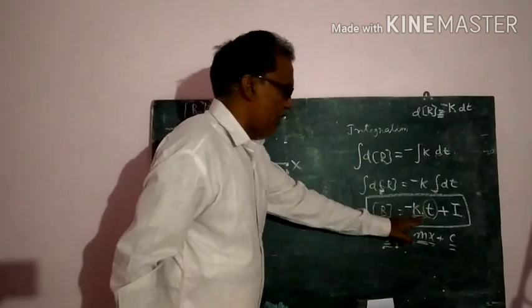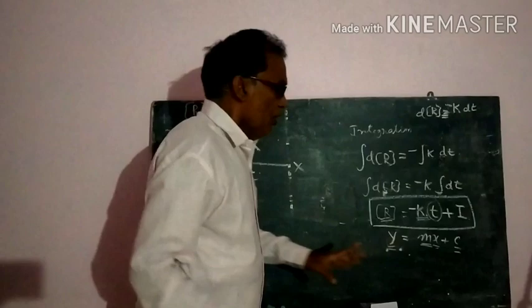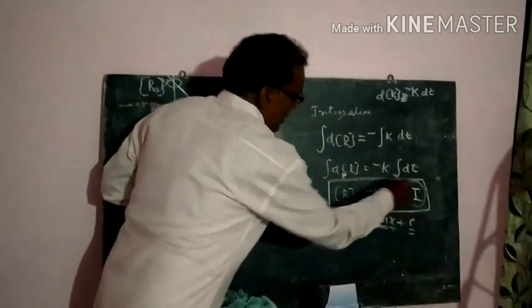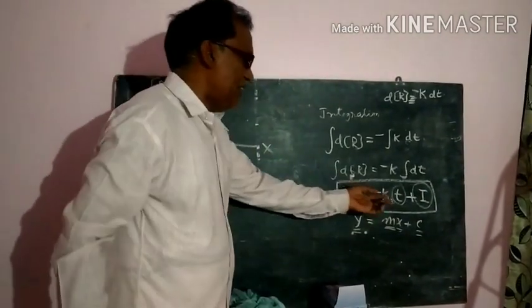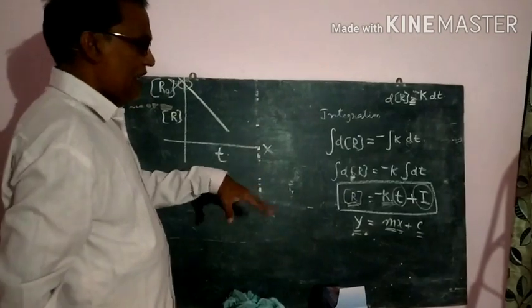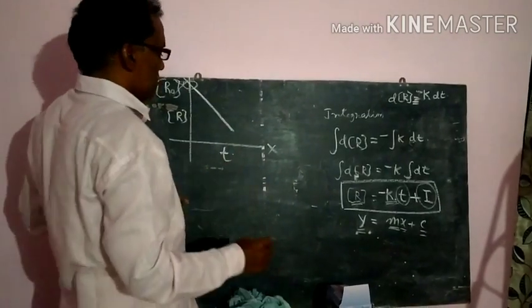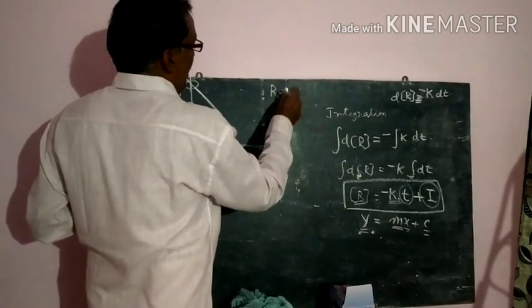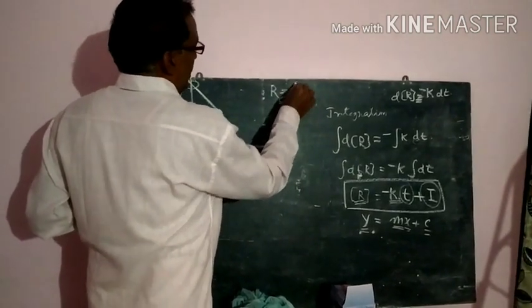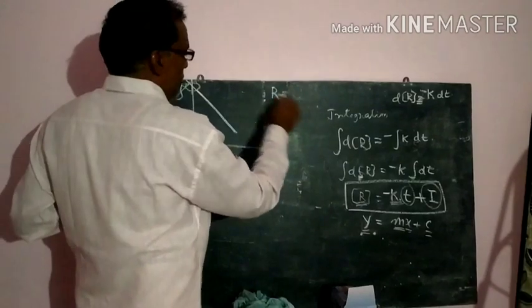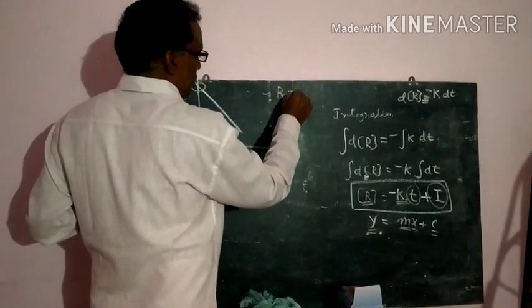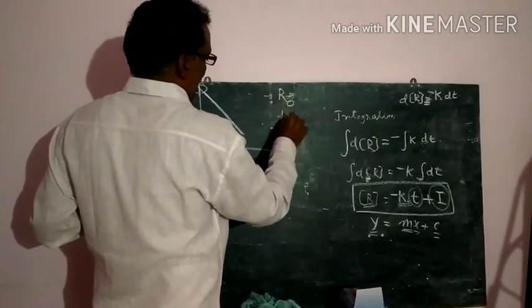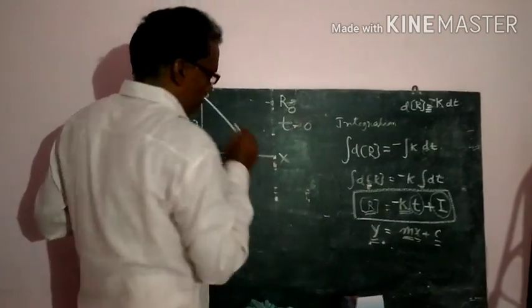Okay, now let us discuss this equation. R is equal to minus Kt plus I. If you calculate the I value, then we can calculate the K value. How to calculate I? Suppose the concentration of the reactants in the initial stage is R0, and the initial time is equal to 0.